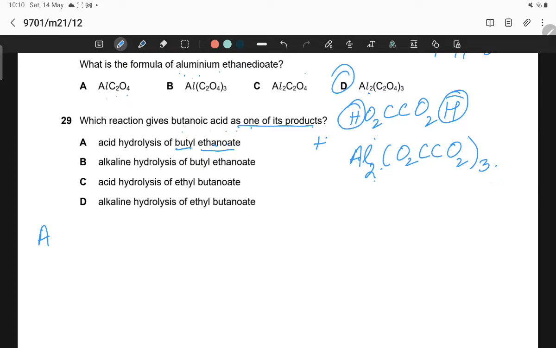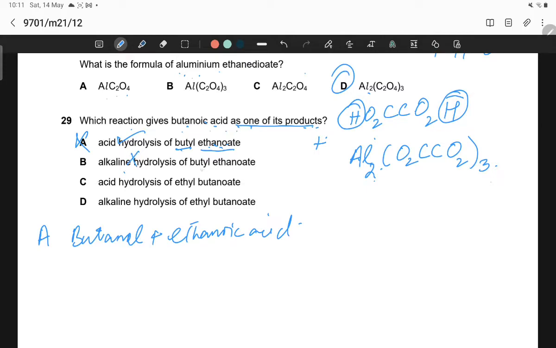So this is butanol plus ethanoic acid. So this is incorrect. Or which gives butanoic acid as the only product? So acid hydrolysis is correct, but this is incorrect.